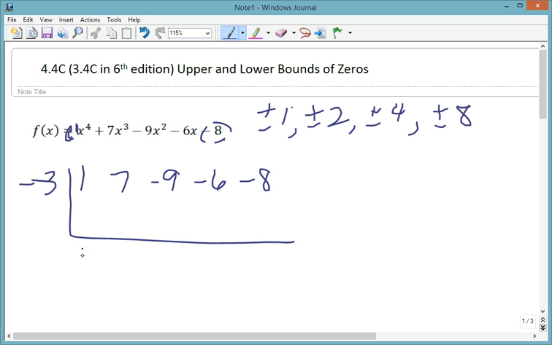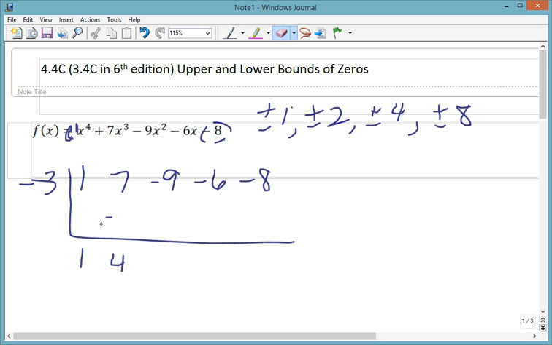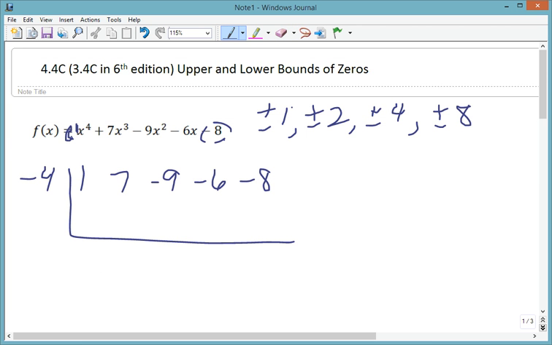Let's try -3. And that would be 4. So -3 is not a lower bound. -4. No, -4 is not going to be a lower bound.